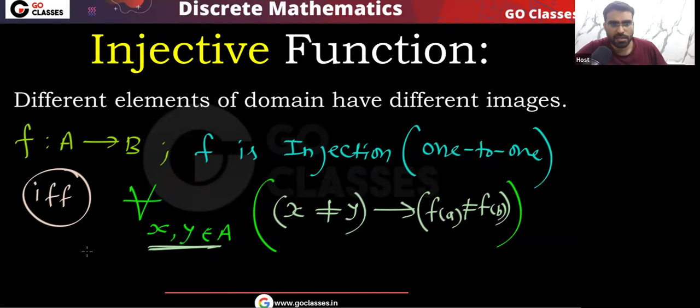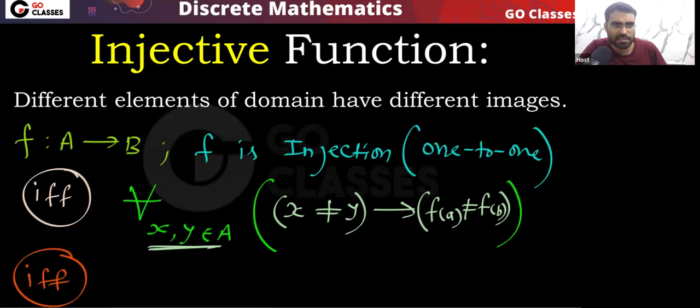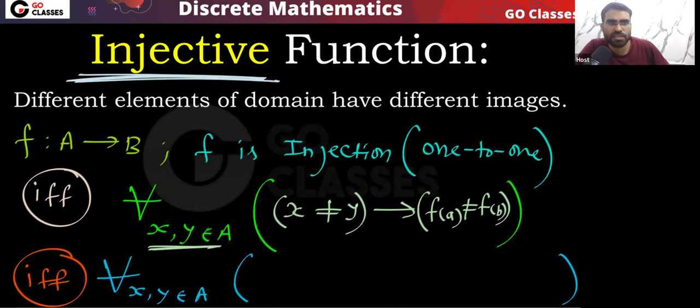Very simple. The same definition I can also write like this. For all x, y in the domain, I can say if their images are the same, then what should be the elements in an injective function?